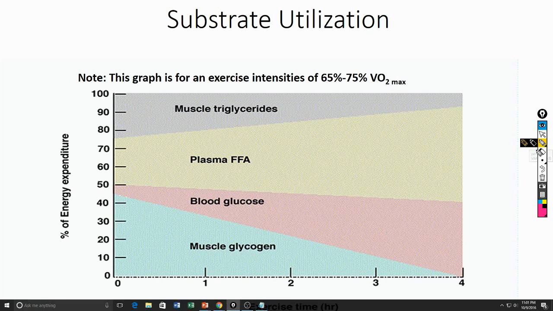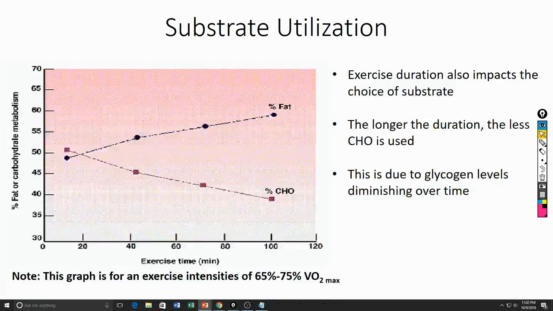Now this graph takes the first one, that bar graph that I showed you, and it incorporates time of work. Okay, so first off, there's something I want to point out here. My guess is that this study was done in untrained people.